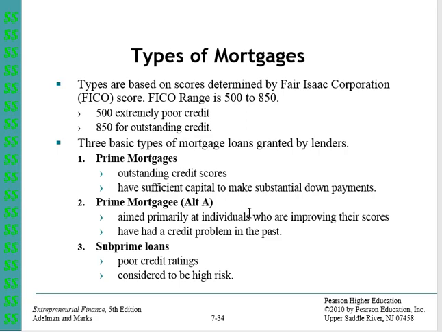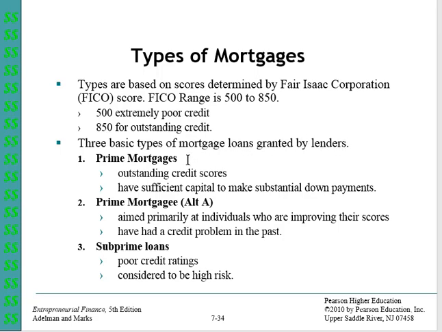So just briefly talk a little bit about loans, right? The types of loans that you qualify for are frequently based on FICO scores. The FICO scores range from 500 to 850. 500 is very poor, 850 is outstanding. There are three basic types of loans.